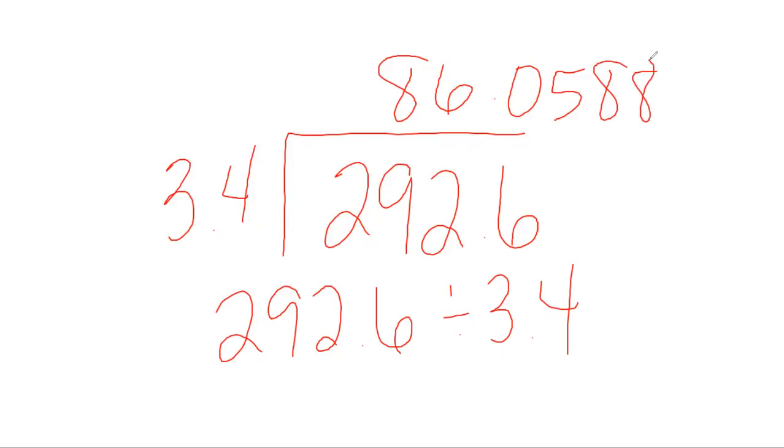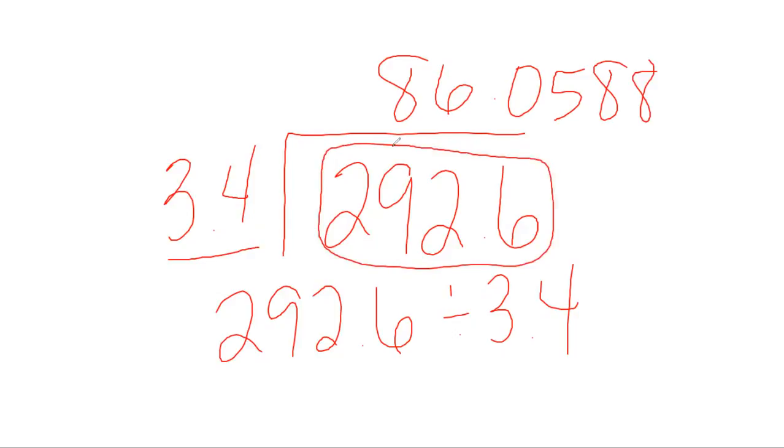Now, in this problem, 3.4 has the least number of significant digits. There are 2 significant digits in the number 3.4, whereas this number, 292.6, has 4 significant digits.